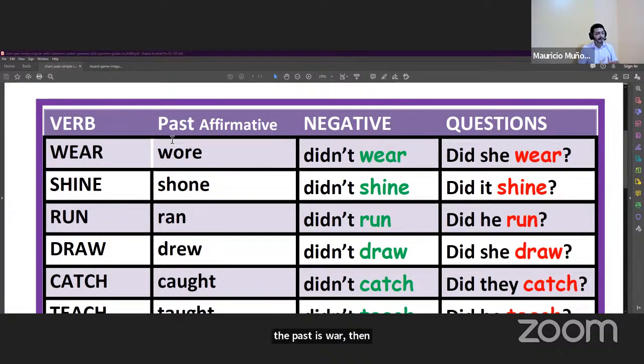The negative, don't forget the auxiliary, didn't, and then the verb in present: didn't wear. And the question uses the auxiliary did: did she wear? The 4 different columns are pretty important to understand, especially column number 3 and column number 4. I want you to focus on column 3 and column number 4, please.